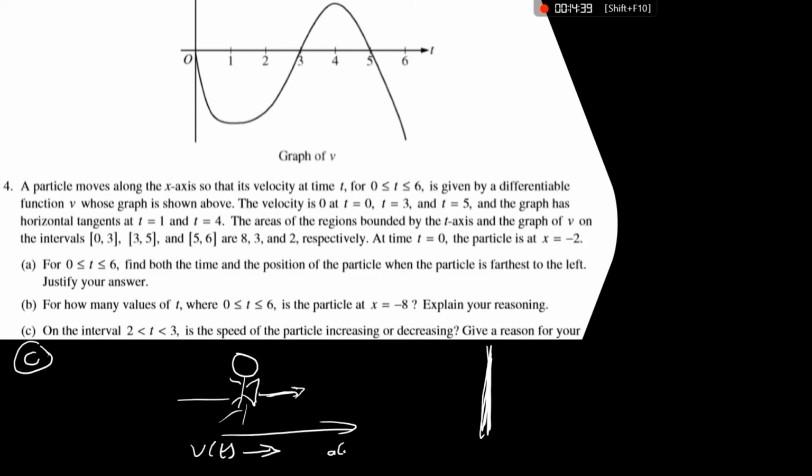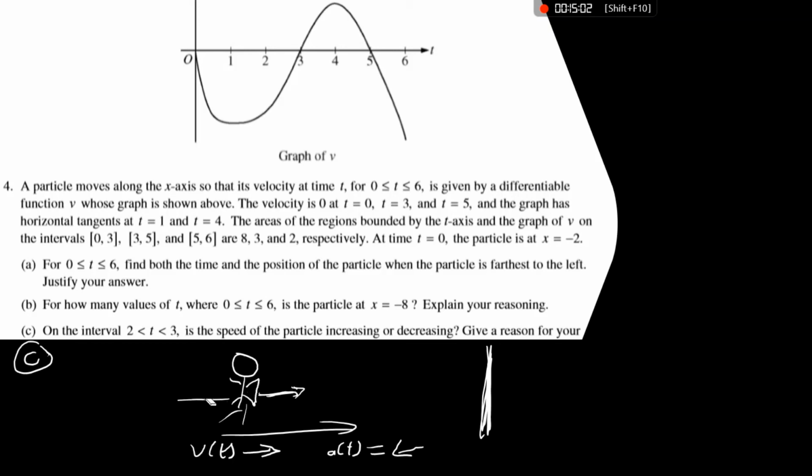But what's happening to your acceleration now? Your acceleration is going to the left. Because your acceleration and your velocity are fighting each other, you will be slowing down.